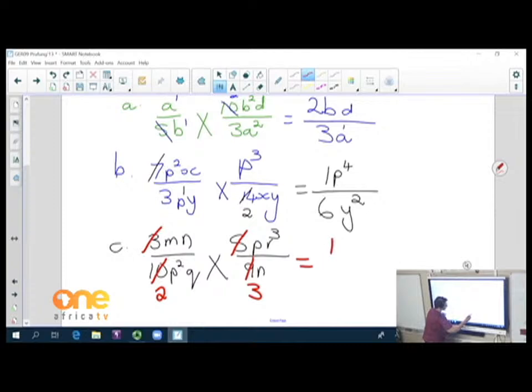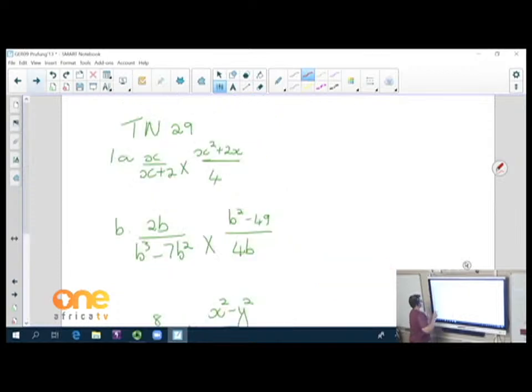So it means my number is again 1 over 6. Now I must take the letters. There's no m, so that m will remain. This n minus this one is 0. The r will remain there. And the p squared q will remain as the denominator. So that's then a very basic one on dividing.